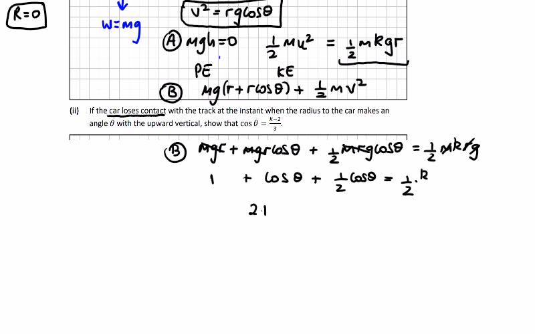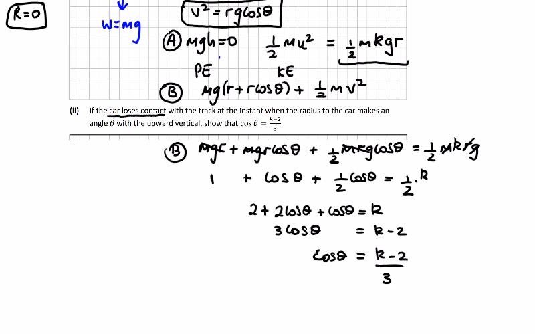Multiplying by 2, 2 plus 2 cos theta plus cos theta is equal to k. So we're going to get k minus 2 is equal to 3 cos theta. So cos theta is equal to k minus 2 over 3, which is what they were looking for in part 2.